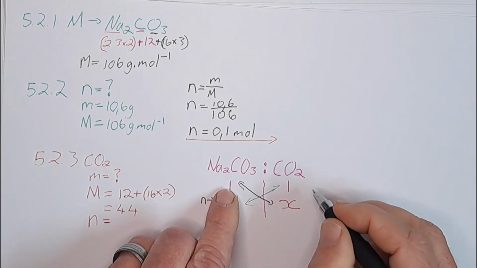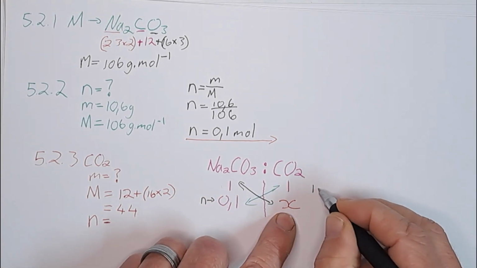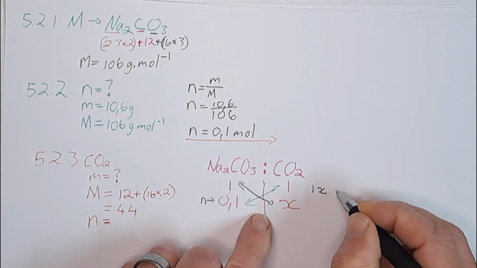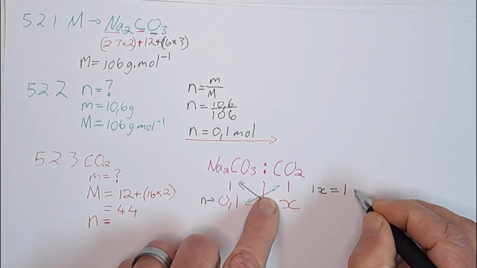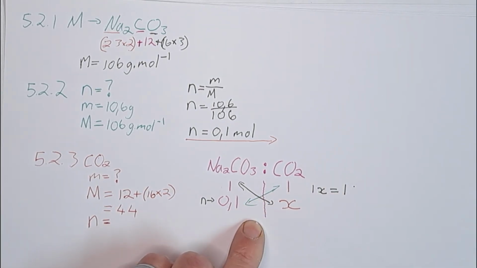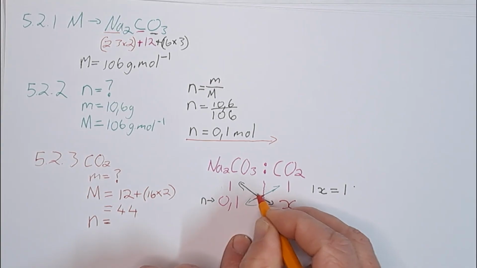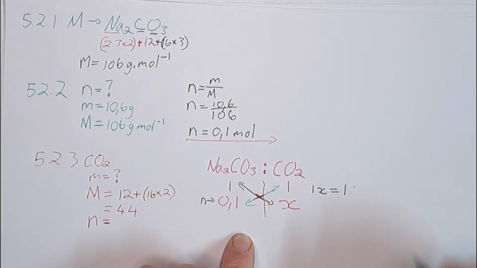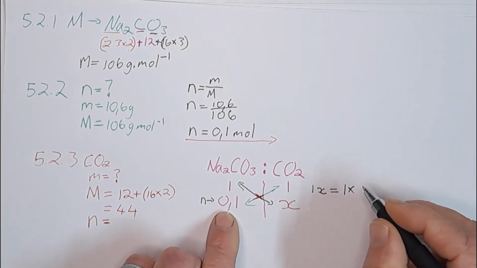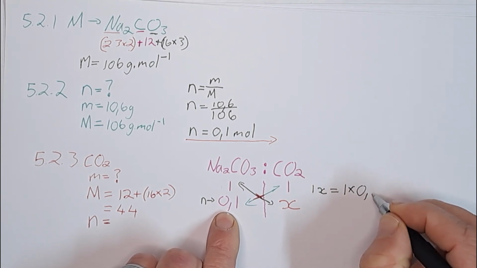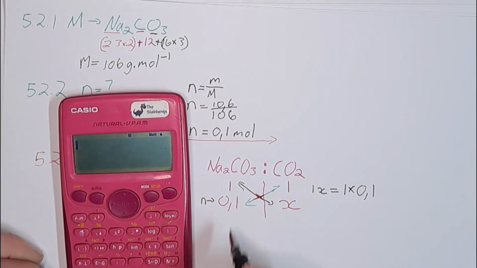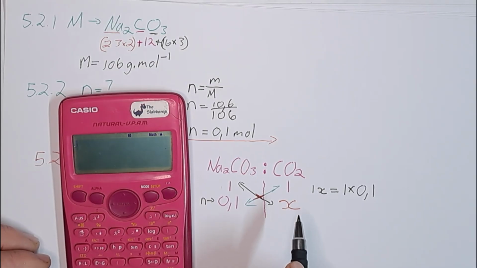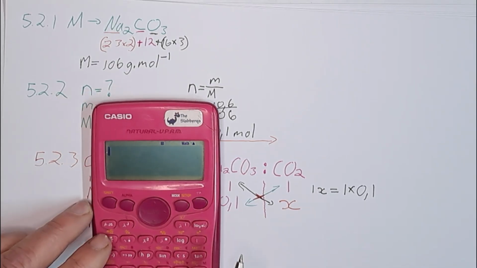So it's going to be 1x equals 2, doesn't matter the order there, 1 multiply 0,1. All right, obviously when it's 1 to 1 we can immediately see that it's 0,1, but I'm just showing you the maths behind it.